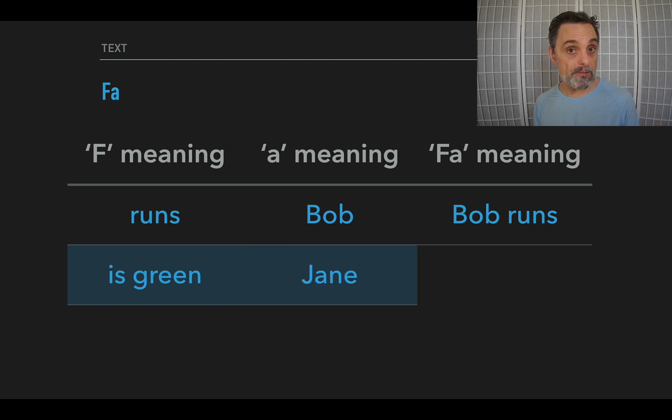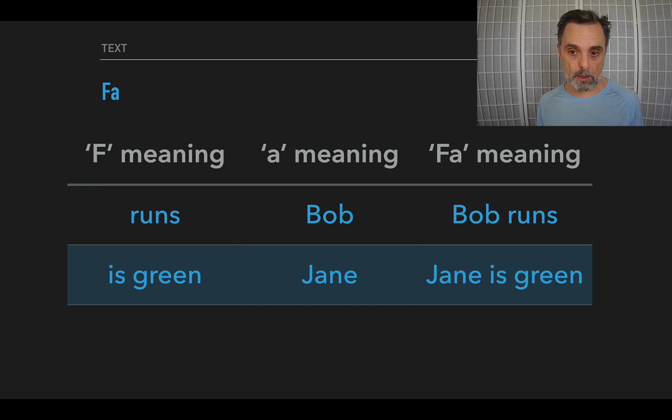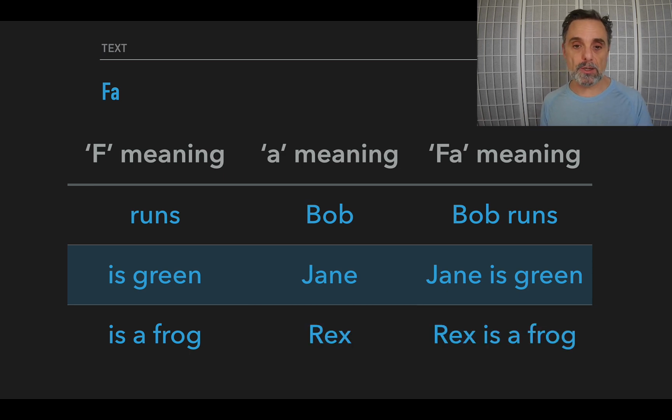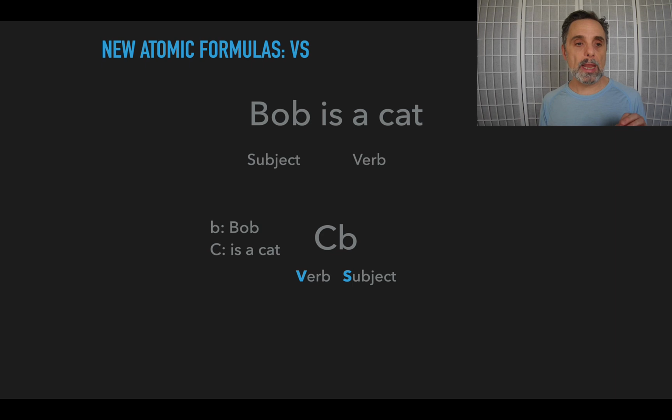And so then what would FA mean? It would mean Jane is green. Or if F meant is a frog, another bigger verb phrase, and A meant Rex, another name, then we would say Rex is a frog. Okay? So in our logical language, the atomic form, the grammar order is verb subject.